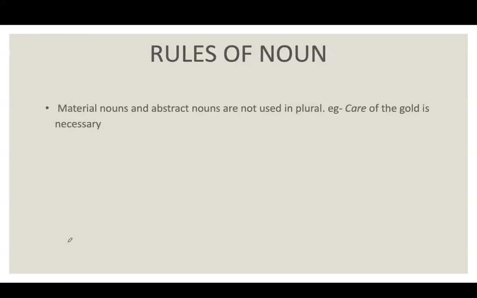Moving on to the next rule. Material nouns and abstract nouns are not used in plural. They are generally uncountable and are not used in plural form unless they take on a countable meaning.